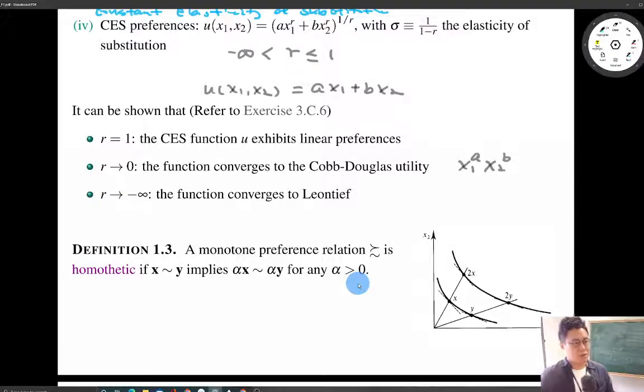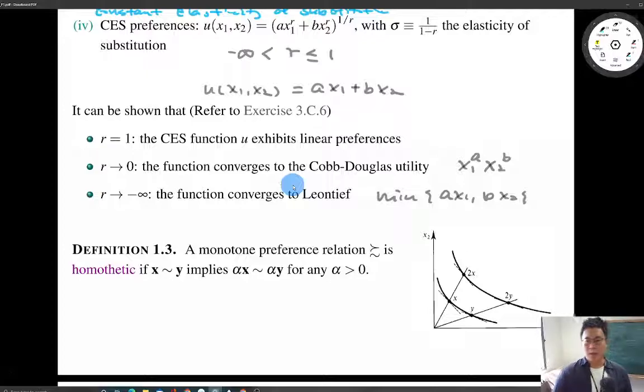If you are interested, you may refer to exercise 3.6 C.6 in the textbook. And finally, as r goes to negative infinity, the function converges to Leontief, the minimum of ax1 and bx2.